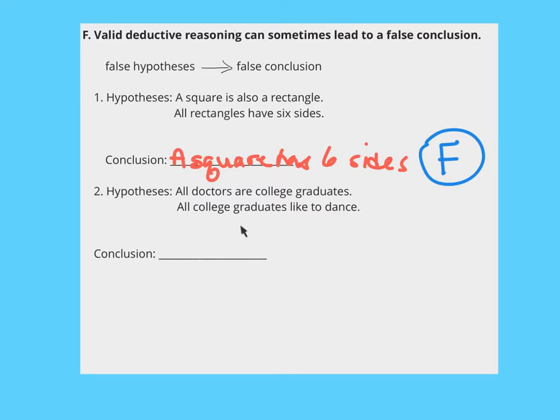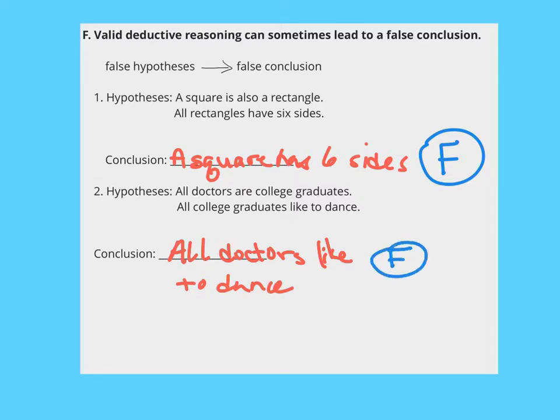But if we use our valid deductive reasoning and link together doctors to dancing, the conclusion that we would end up with would be that all doctors like to dance. And that statement would, of course, be false because of this claim or that fact that was given there.